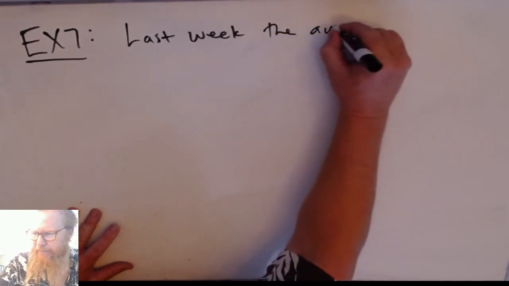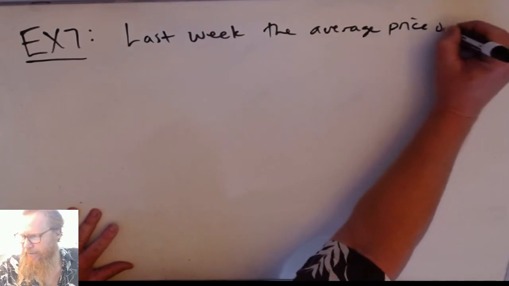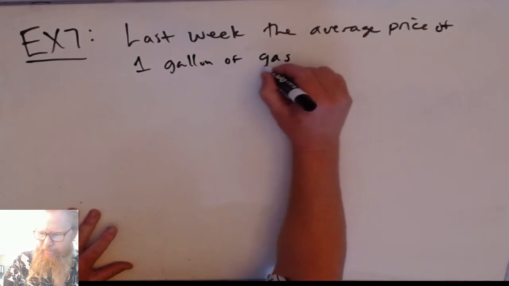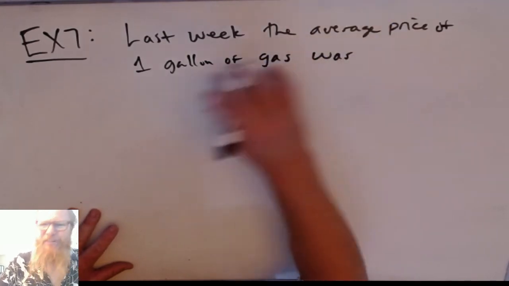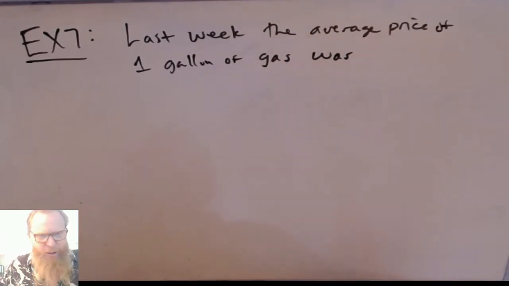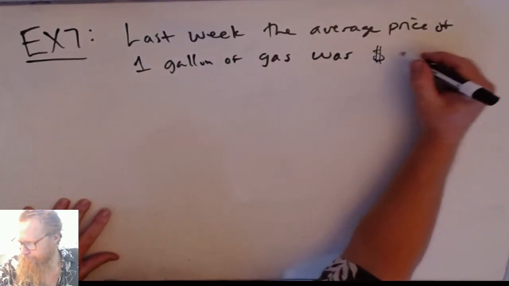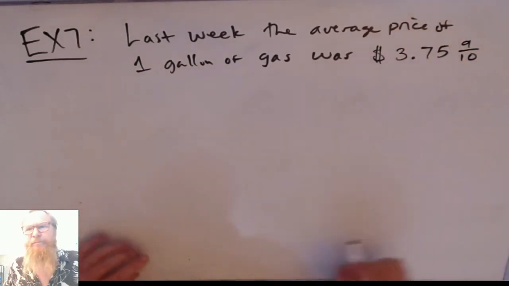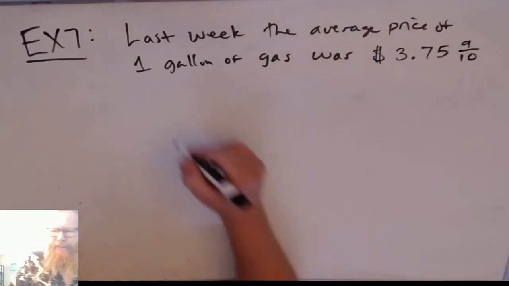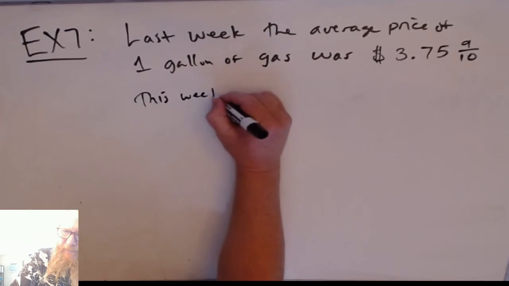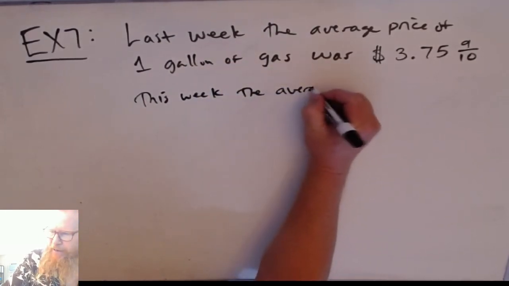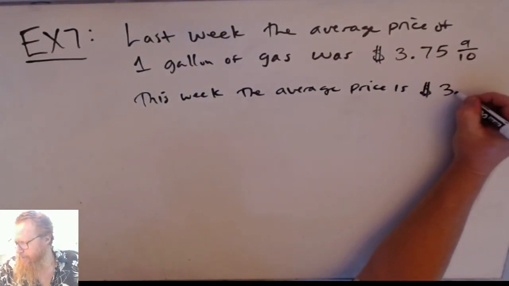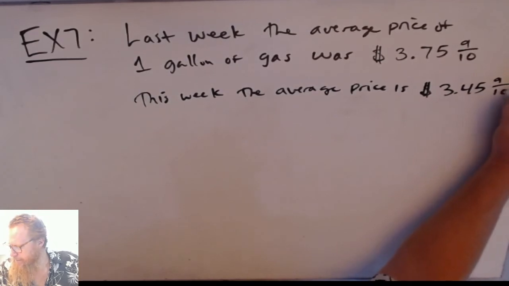So last week, the average price of a gallon of gas, now there's lots of different types of gas, I'm just assuming the cheapest one was $3.75.09. This week, the average price is $3.45.09.